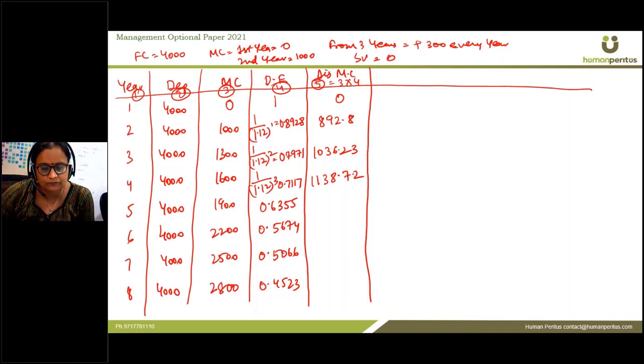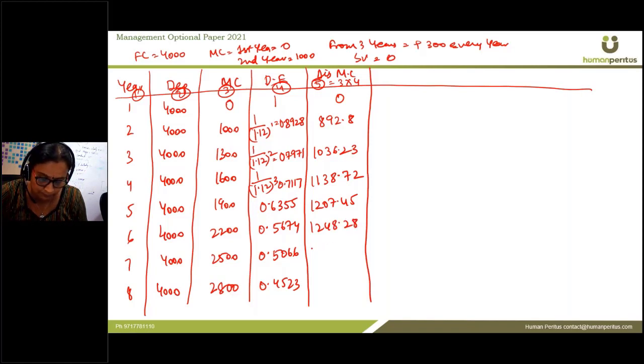1138.72. So because of all these calculations, this is going to be a lengthy question. Okay. So 0.6355 when multiplied by 1900, what would be the value? That is 1207.45. 2200 multiplied by 0.5674 is 1248.28.